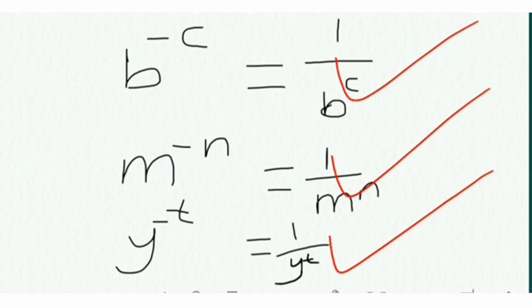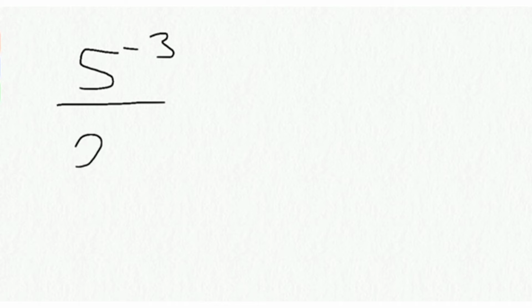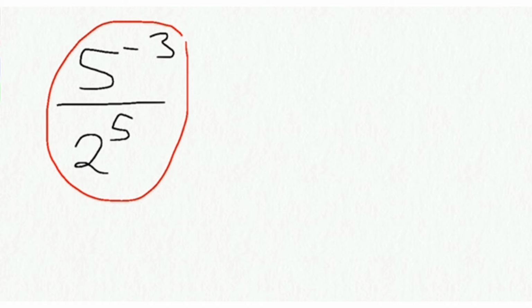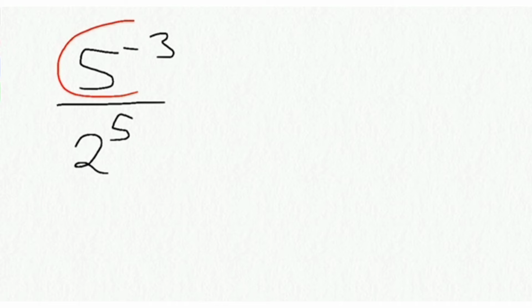Excellent. Now let us look at this rule in detail. Given 5 to power negative 3 divided by 2 to power 5, this is a fraction, whereby this is the numerator, the division line, and the denominator.